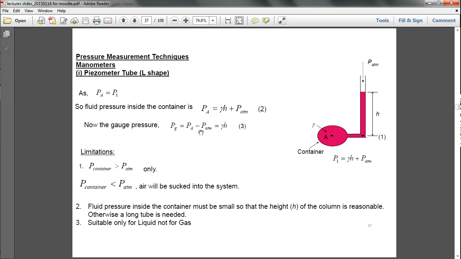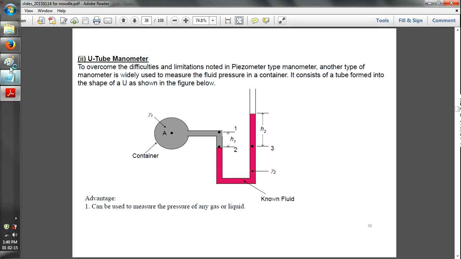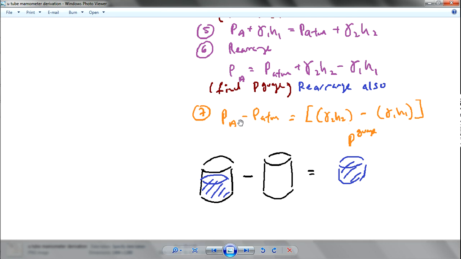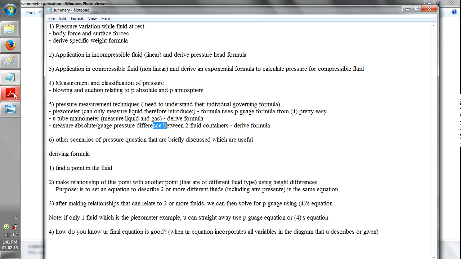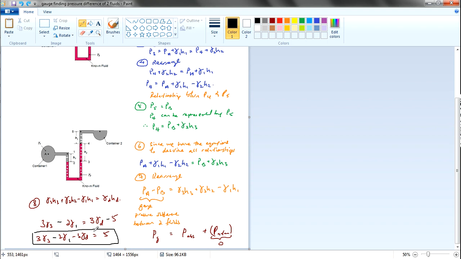For piezometer it is equal to gamma H. For the U-tube manometer it is in terms of this equation. And for the recent one, the pressure difference between two containers, these are our formulas. So you have to go and memorize it.